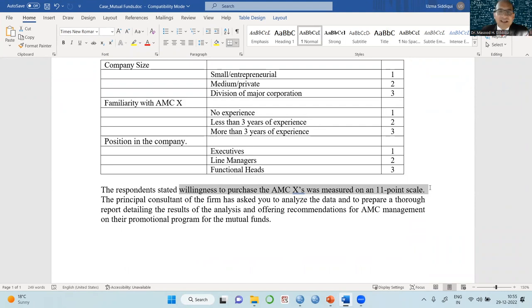So we will be converting willingness, which is on an 11-point scale, into different categories so that the relationship is between categories. At present, willingness is on an 11-point scale, an extended Likert, so it is metric in nature.